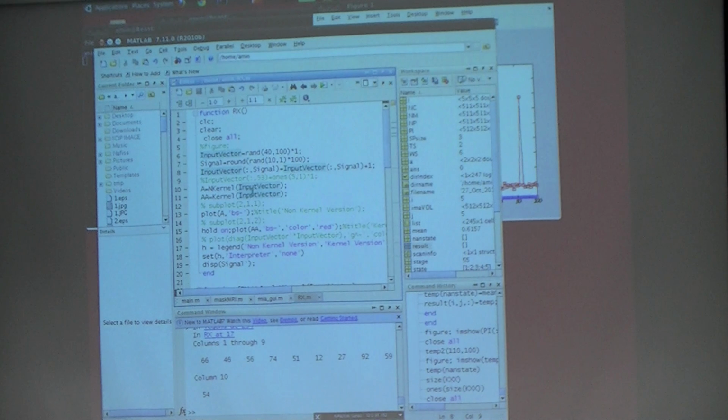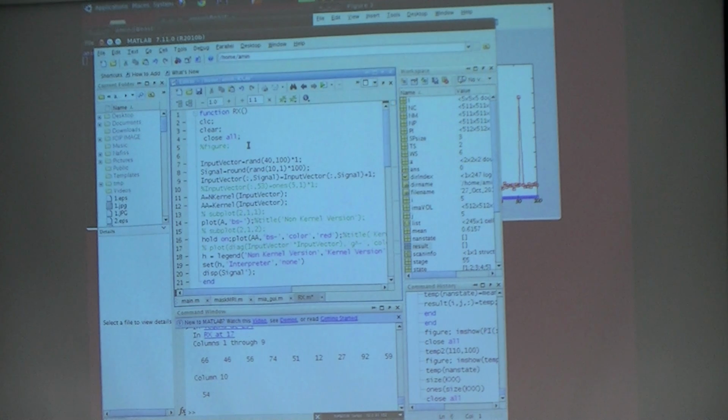You mean the coherence matrix? No, I mean the seed of the random number.